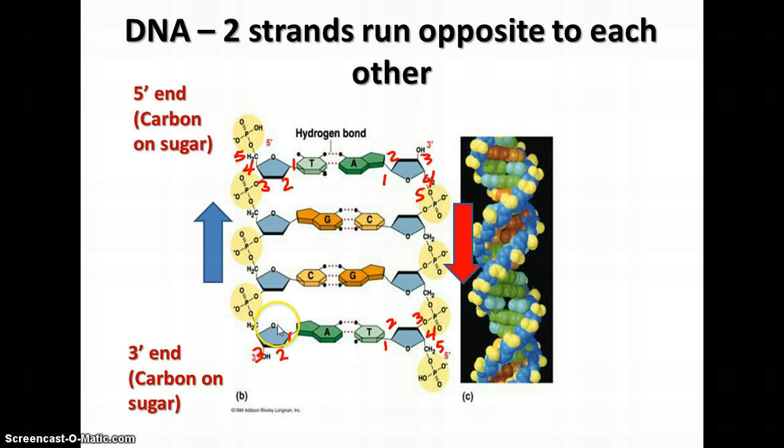If you start with the oxygen, you go around clockwise and number the carbons 1, 2, 3, 4, and 5. The 5th one is sticking up over here on the side. Then on this side of the chain, the 3' end is down and the 5' end is up. And the other side is the opposite way.